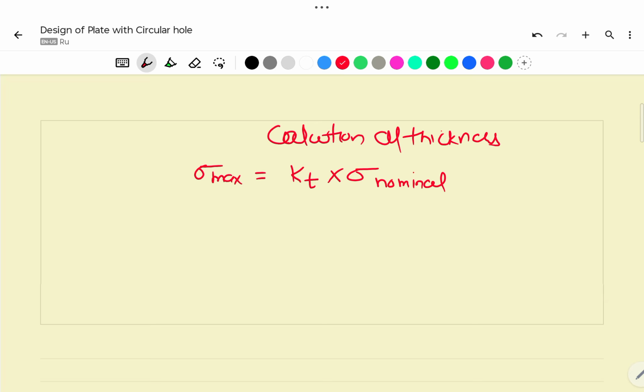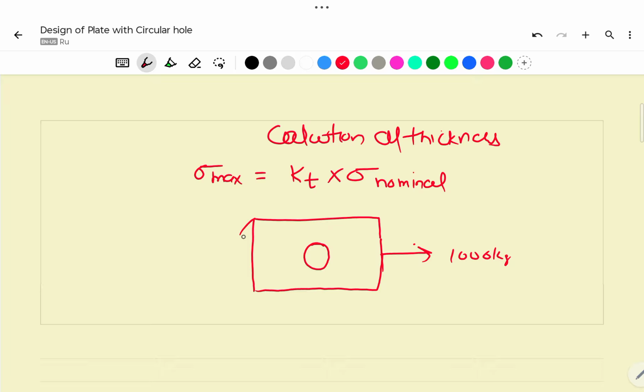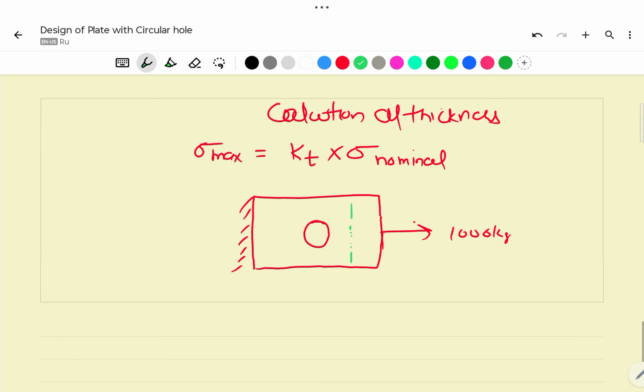See our plate: the load is applied here, 1000 kg, and this is the fixing. Here will be the maximum stress. What is the nominal?